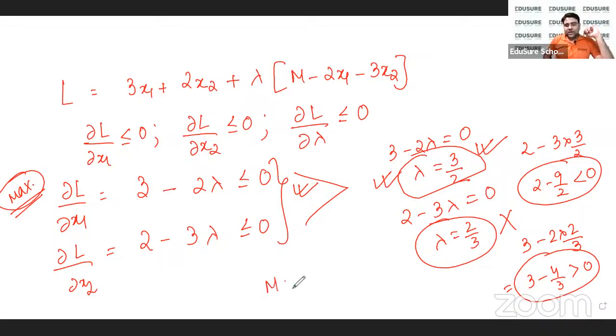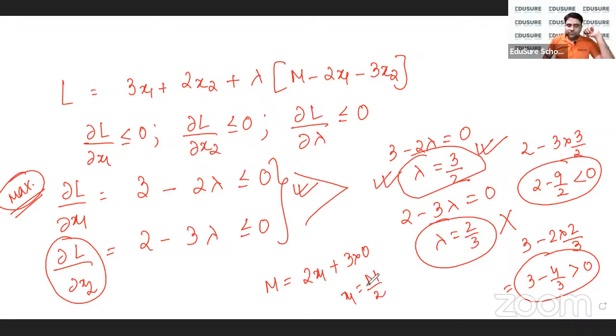So m is equal to 2x1 plus, the second condition del L del x2 is negative, so x2 will not take any value. It will take the value equal to 0. It will not be positive. So plus 3 into 0.